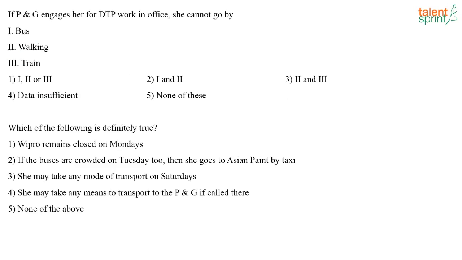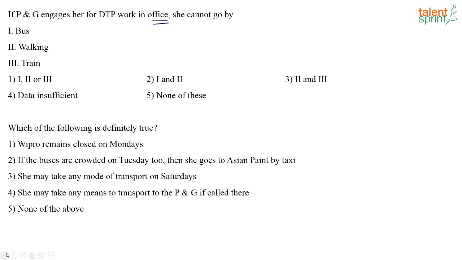Next. If Procter & Gamble engages her for DTP work in office, she cannot go by dash. See, if Procter & Gamble is asking her to come to office, she cannot go by which of the modes of transport? What can you say here? Data is insufficient, right? Generally when she is working for Procter & Gamble, she is working from home.